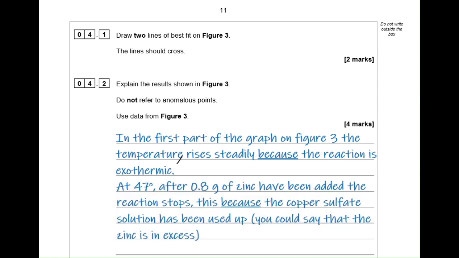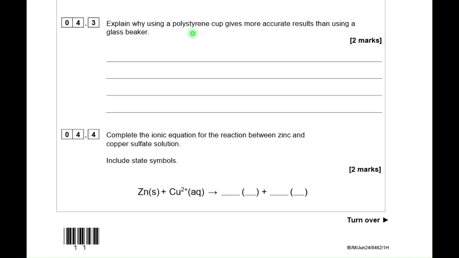So 1 mark for saying the temperature rises and 1 mark for saying because it's exothermic. 1 mark for saying at 47 degrees or after 0.8 grams of zinc, and 1 mark for saying because the copper sulfate has been used up or zinc is in excess. 4 marks.